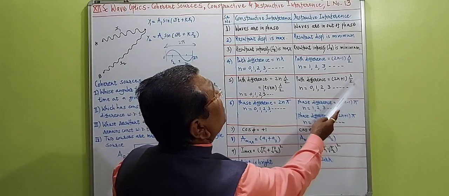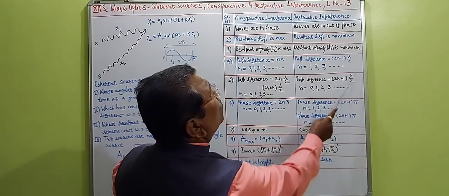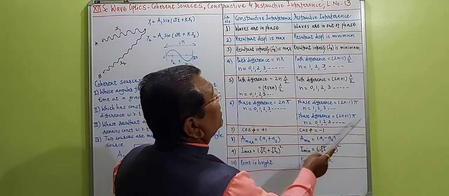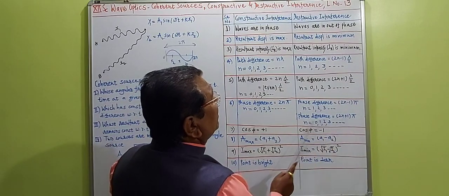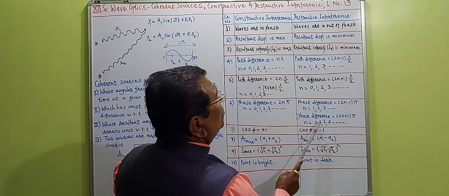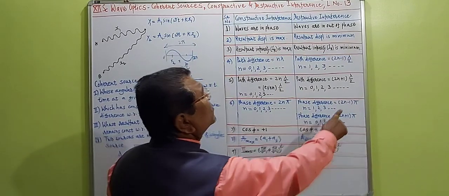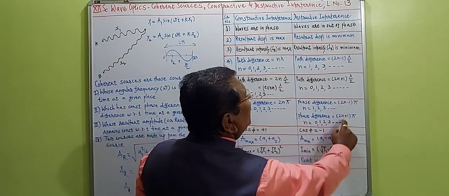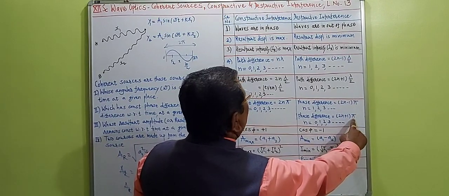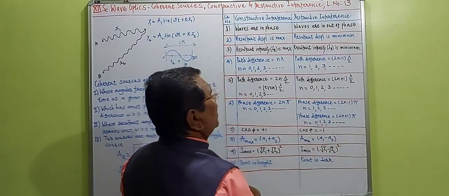Then here instead of lambda put 2 pi, so 2 gets cancelled and you will get pi. If plus sign is there, then again n is equal to 0, 1, 2, 3 like this. Then we get again odd multiple of pi.